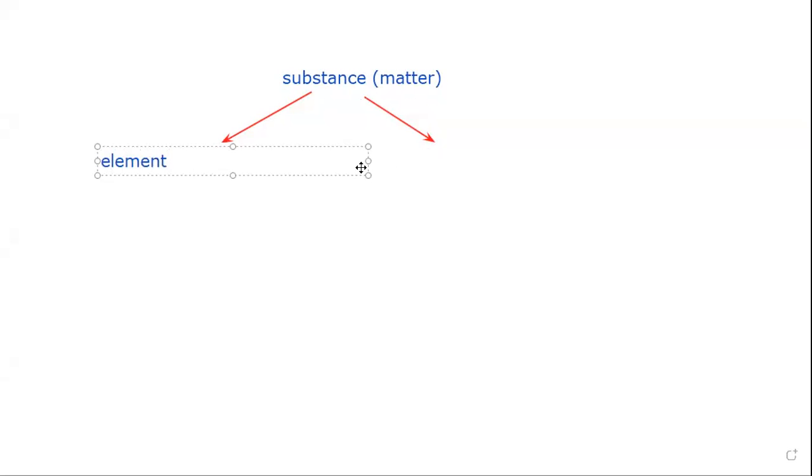We could say that substance, or in another word matter, could be classified into two categories: element or compound.